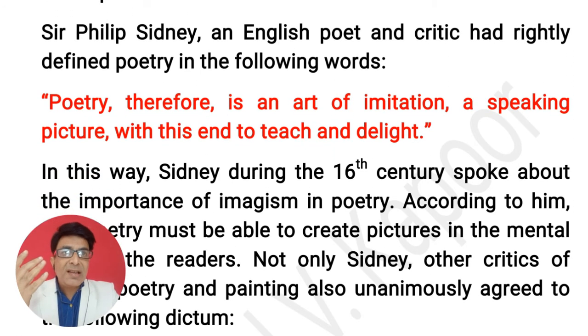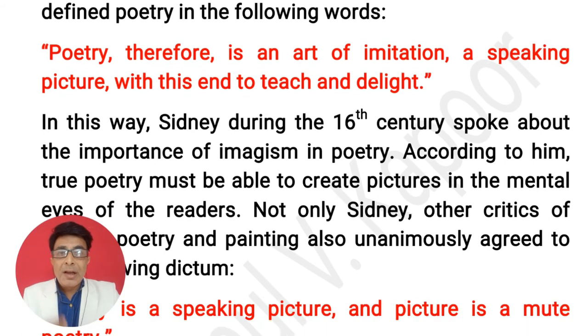During the 16th and 17th century, Sir Philip Sidney, who himself was a poet, understood the importance of imagism in poetry. When he says that true poetry must be a speaking picture, according to him, the poet must be able to create mental pictures in the eyes of the readers.